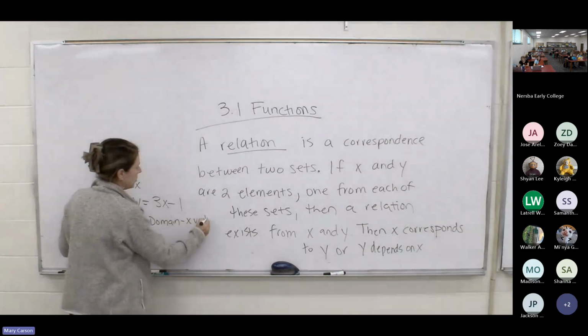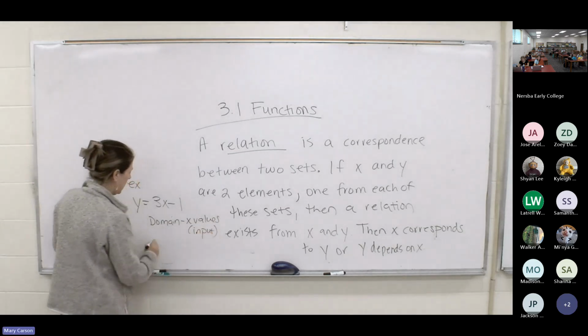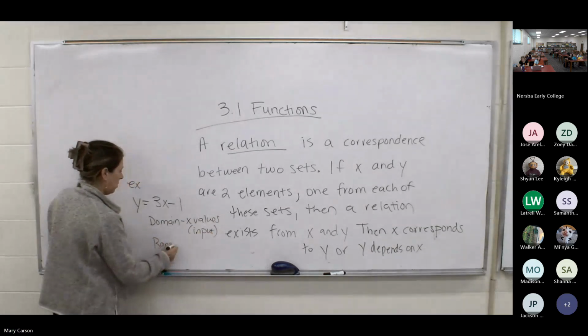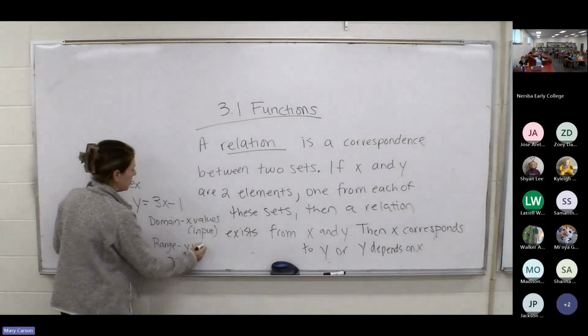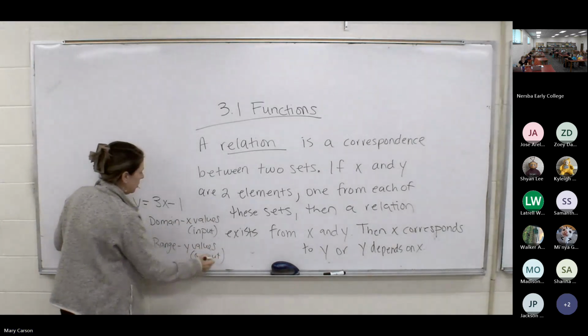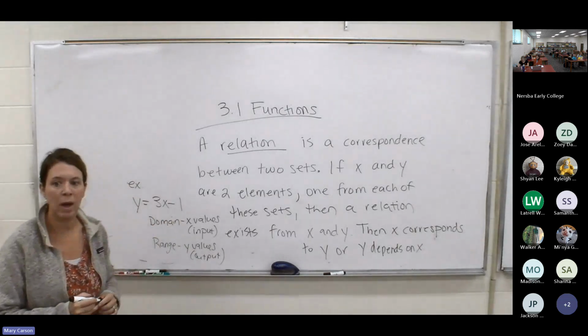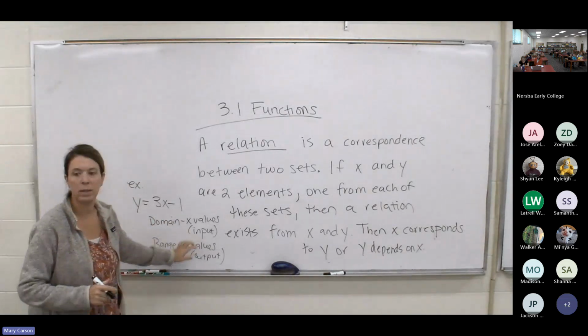X values, which means your input. Range is your y values, which is going to be your output. You can also think about domain as your independent variable, and range is your y. Yeah, this is input. Yep.